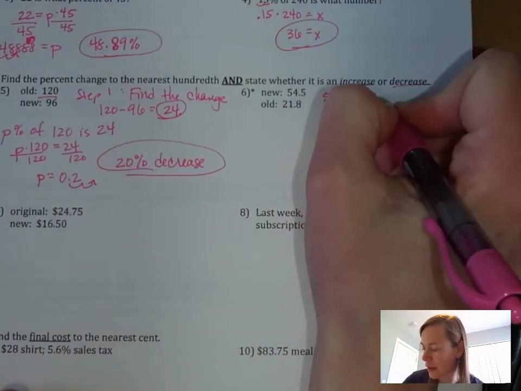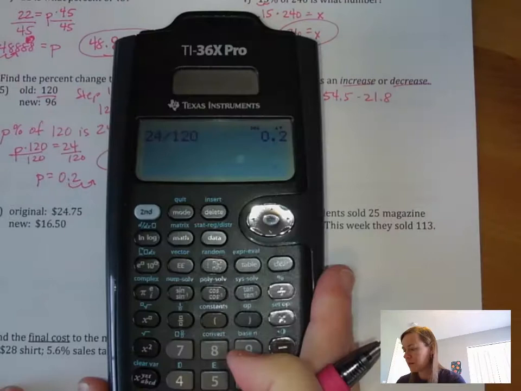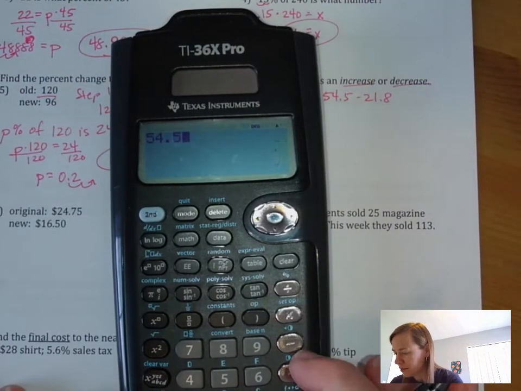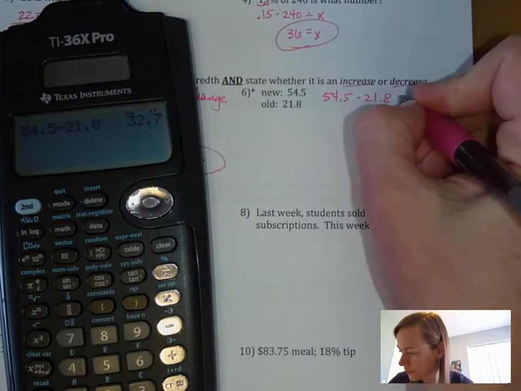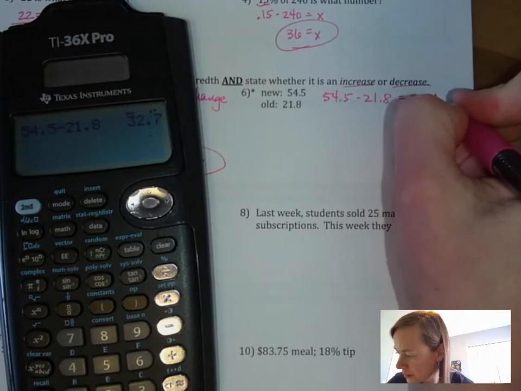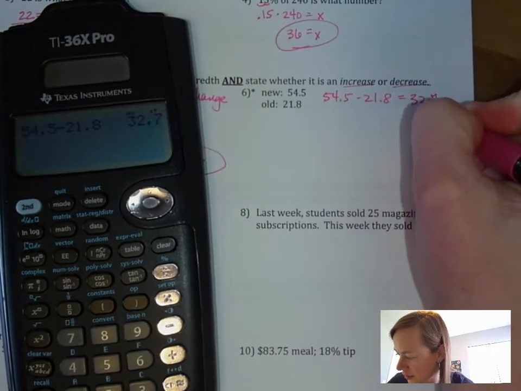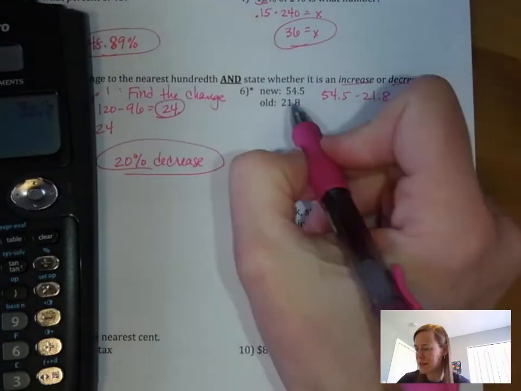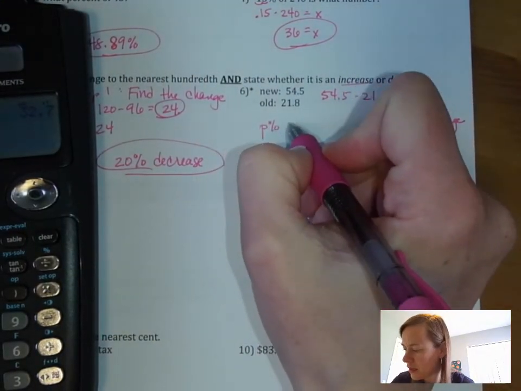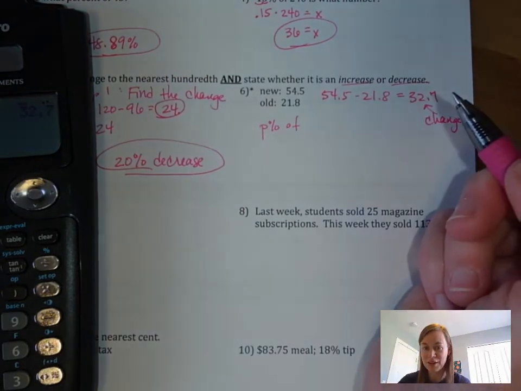So let's find the change. 54.5 minus 21.8 is going to give us 32.7. So this is the amount of change. And now we need to say p% of, which number are we going to use?